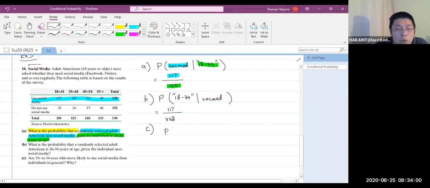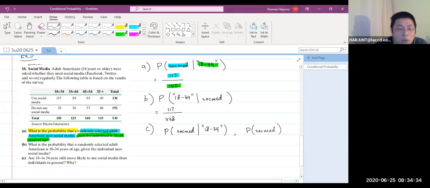We already know the probability of using social media given 18 to 34. Now compare that with the probability in general. So we select from the general population of 530 people. What is the probability that we can select somebody using social media?